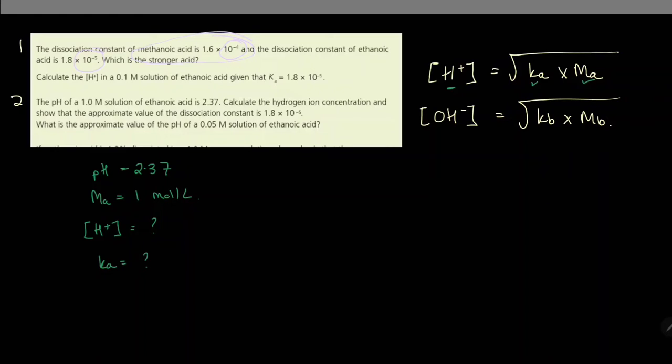So at the moment all I have is the molarity of the acid, and ethanoic acid is what it is. So if I have the pH, remember I have this formula as well, minus log to the base 10, to give me the concentration of the hydrogen ion. I have the pH, so I can straight away find out the concentration of that hydrogen ion.